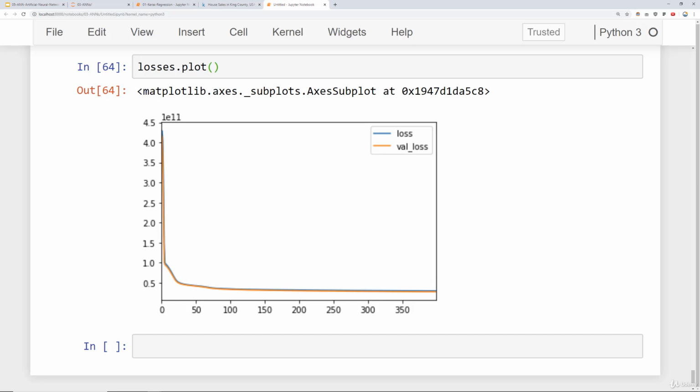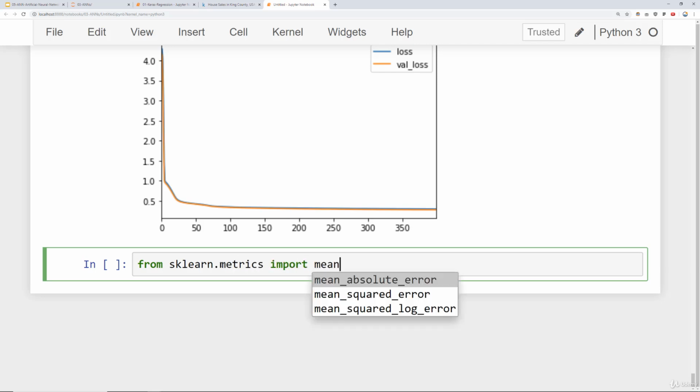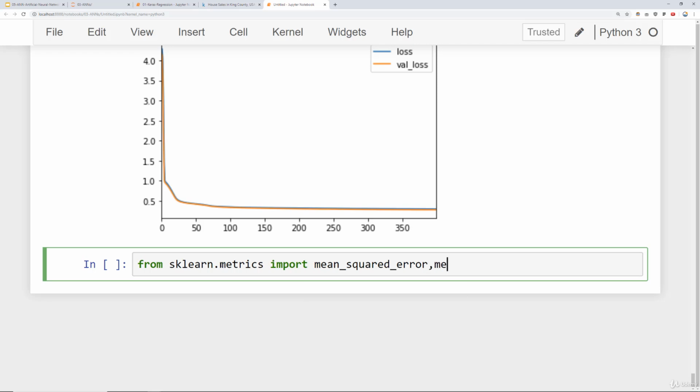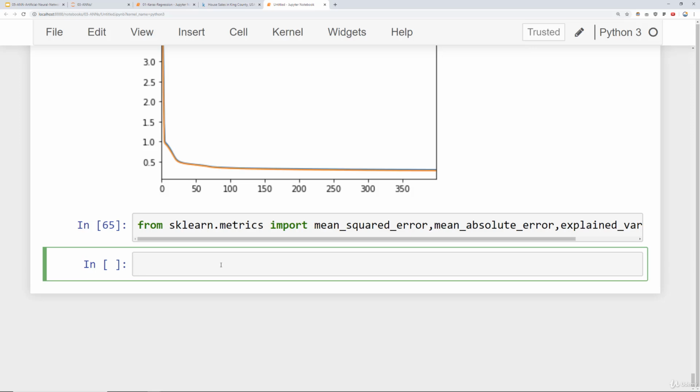Okay, so now let's do some evaluation on our test data. We can use a variety of methods. We can say from sklearn.metrics import things like the mean squared error, the mean absolute error, and if we want, an explained variance score.